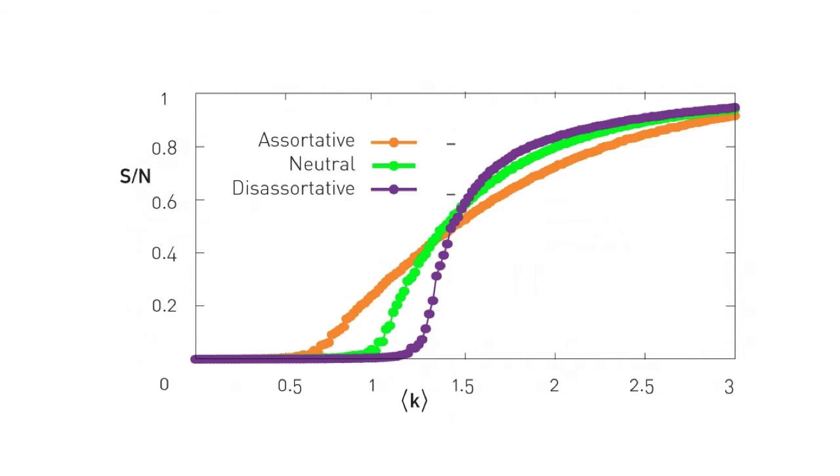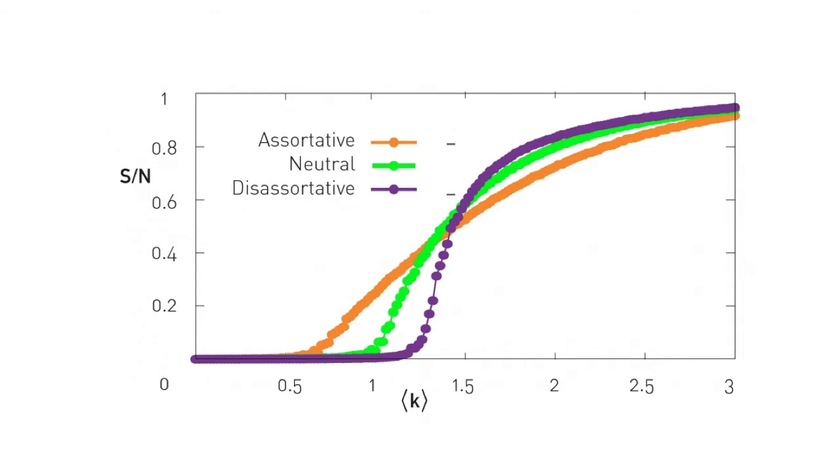This is something that we've observed in several different network examples. Maybe more interesting is to see how assortativity and disassortativity influence how quickly the S to N ratio increases as networks go through the different regimes. Again, the critical regime is always defined as average K equals 1. That's always going to be our critical point.